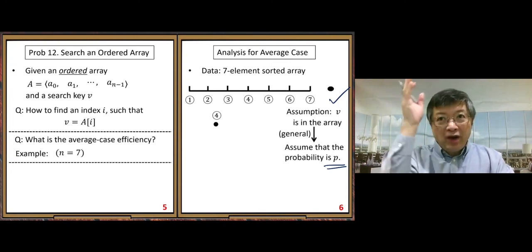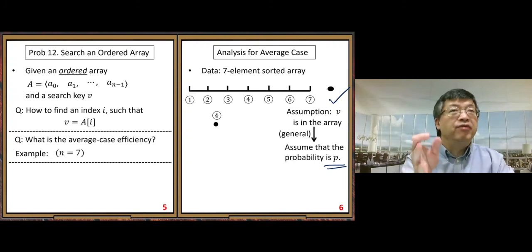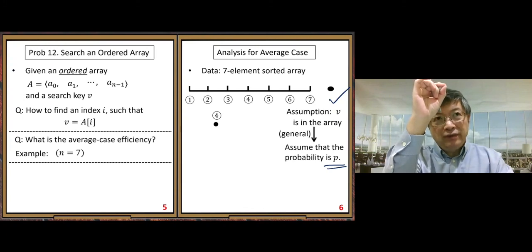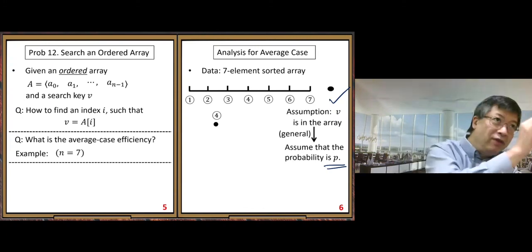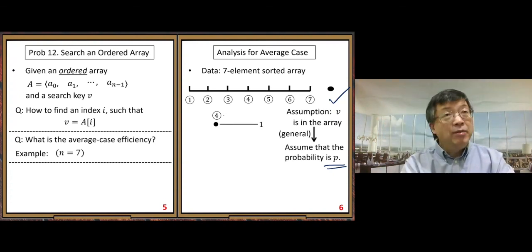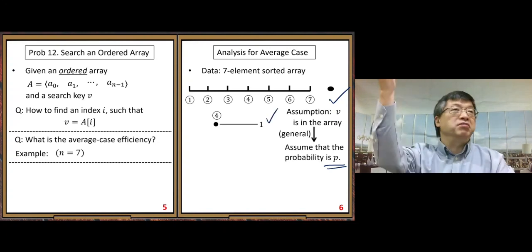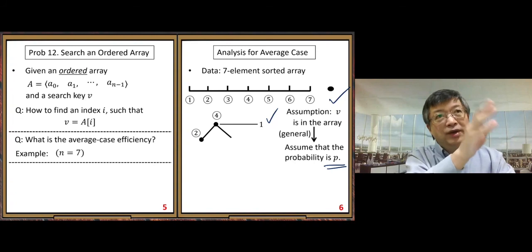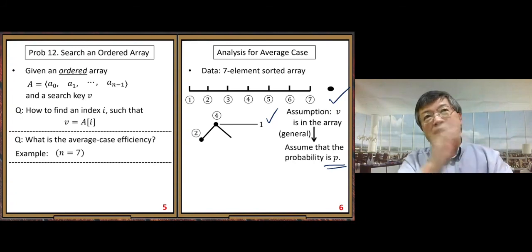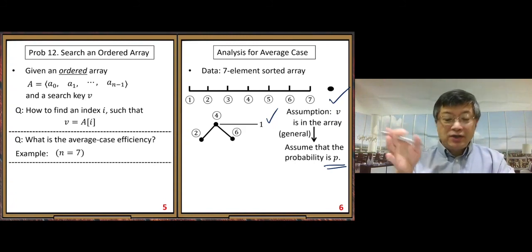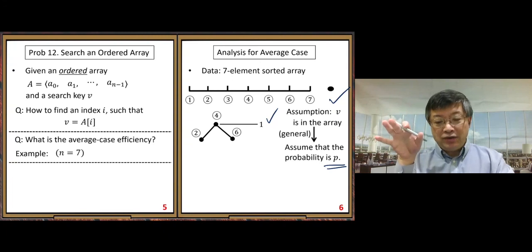Draw the binary tree. The first comparison, we compare V with element number 4. So we put element 4 at the root of the binary tree. Then we go to the left branch or right branch, 2 possibilities. For element 4, we need 1 comparison. Then element 2 is the root of the left subtree, because next we compare V with 2, and element 6 is the root of the right branch.